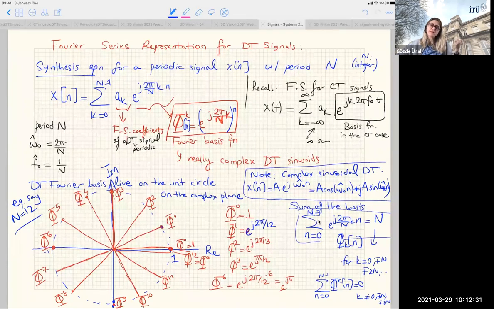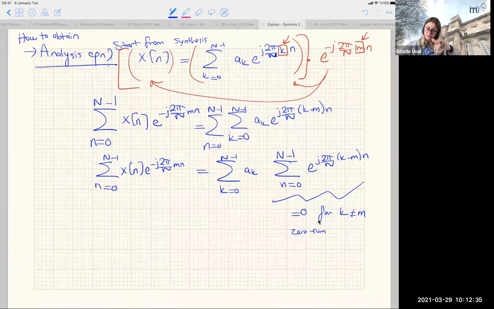So let's see, when k is equal to m, what happens? For k equal to m, I have my sum from n equals 0 to N minus 1.